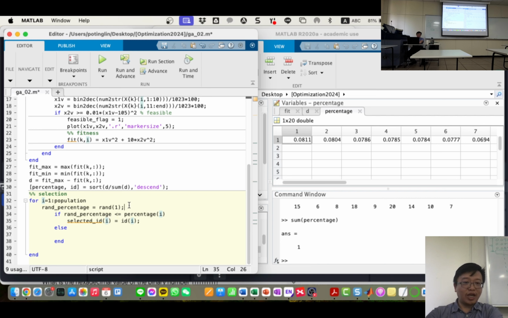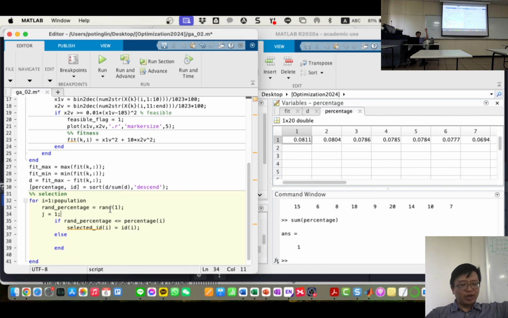I should say j equals 1 here. If the random number is smaller than the jth percentage, then the selected ith one equals ID j. So if not, I need to keep on subtracting.